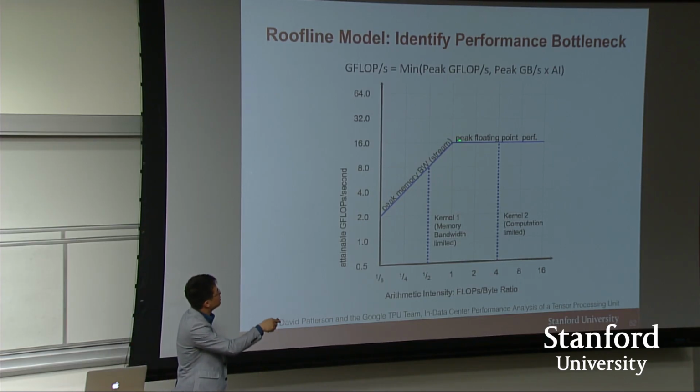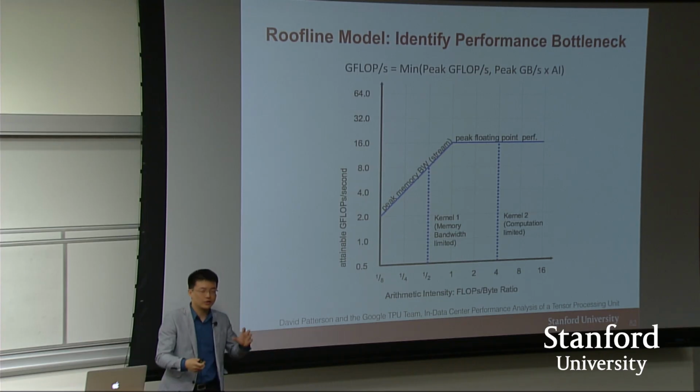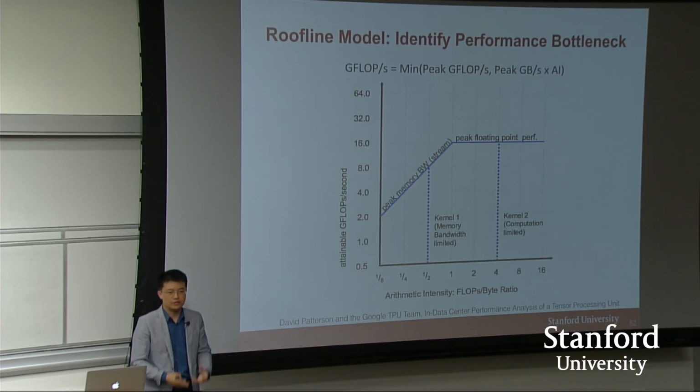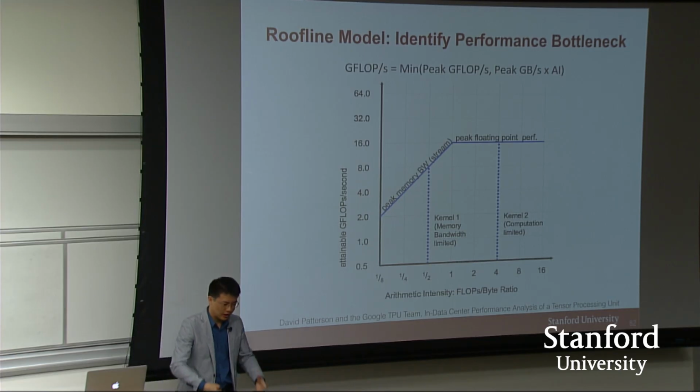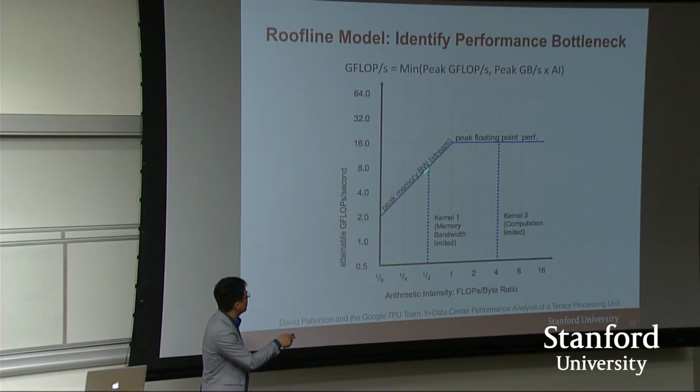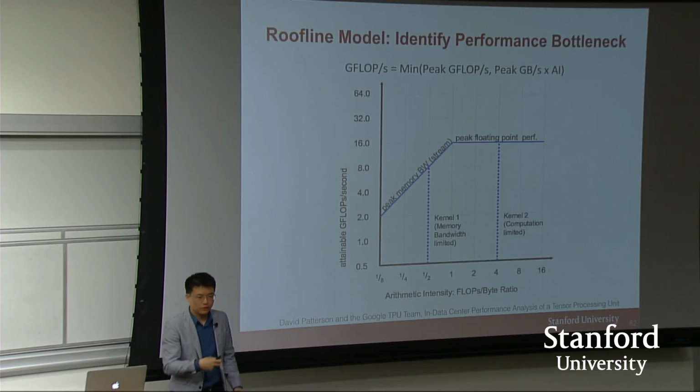Here is the peak performance. When you fetch a single piece of data and can do a lot of operations on top of it, then you are bottlenecked by the arithmetic. But if you fetch a lot of data from the memory and do just a tiny bit of arithmetic, then you will be bottlenecked by the memory bandwidth.